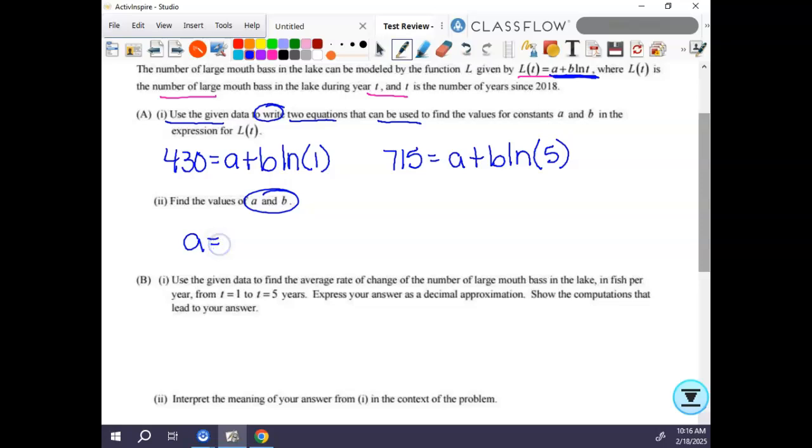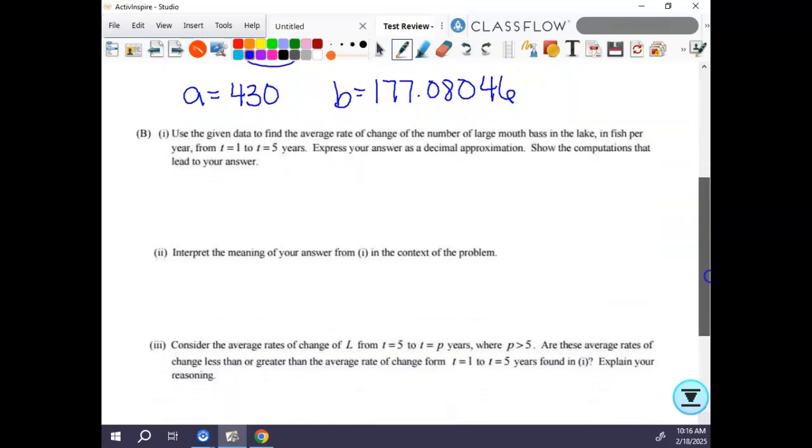Got a little ahead of myself there. a is equal to 430, and b is equal to 177.08046. I do not need to write the equation, therefore I am not writing the equation. Because if I was to write it and do something incorrect, I would not get credit for that. Plus, it literally asks me for a and b. Answer the question that's being asked.